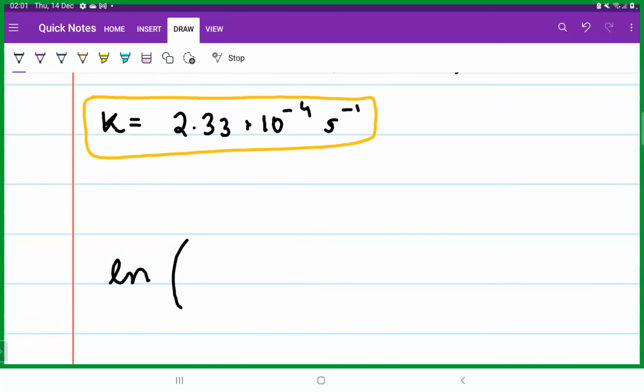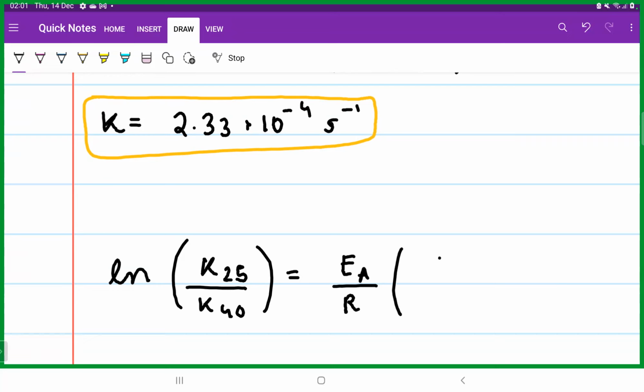Okay, so this will be equal to, yeah, ln K25 by K40, where K25 means rate constant at 25 degrees Celsius. This will be Ea divided by R into 1 by T40 minus 1 by T25.